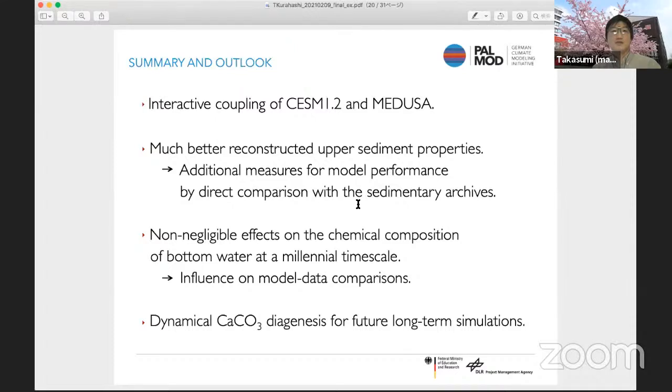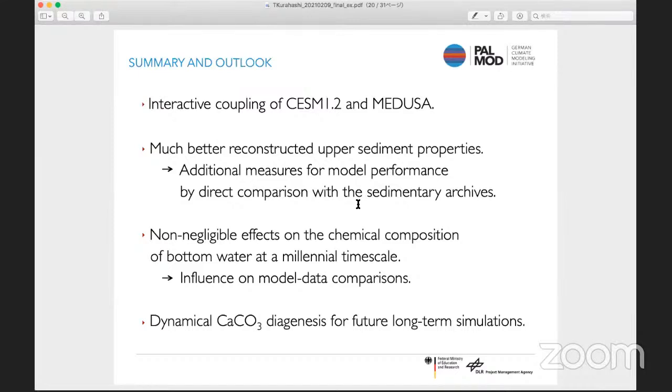I can imagine it can be very important when you look at the very local sediment structure or properties. Yeah, that could very well be. Yeah, it doesn't matter for these larger scale things.